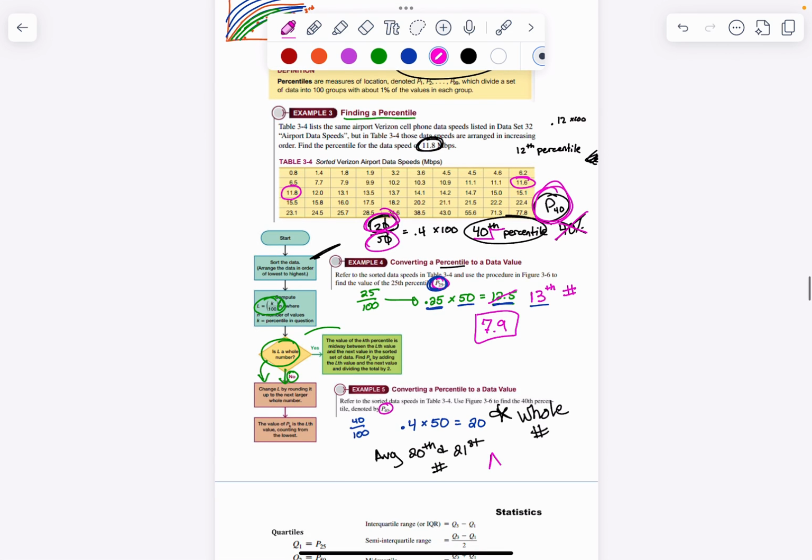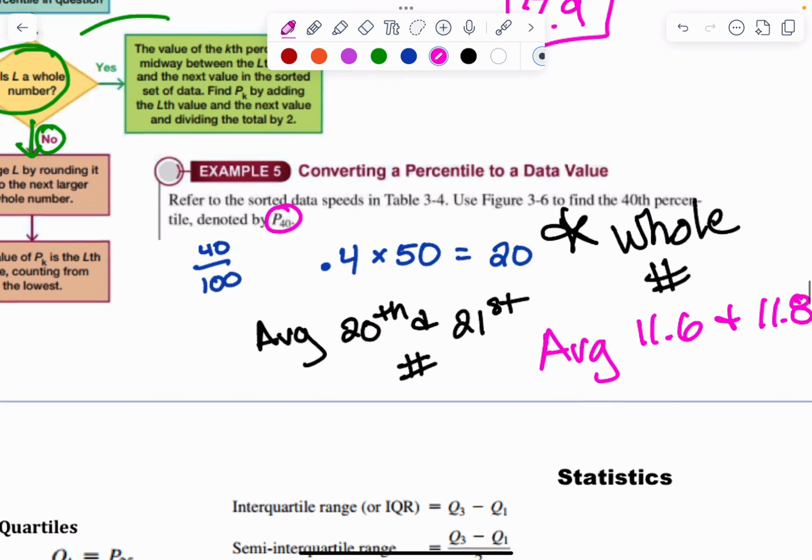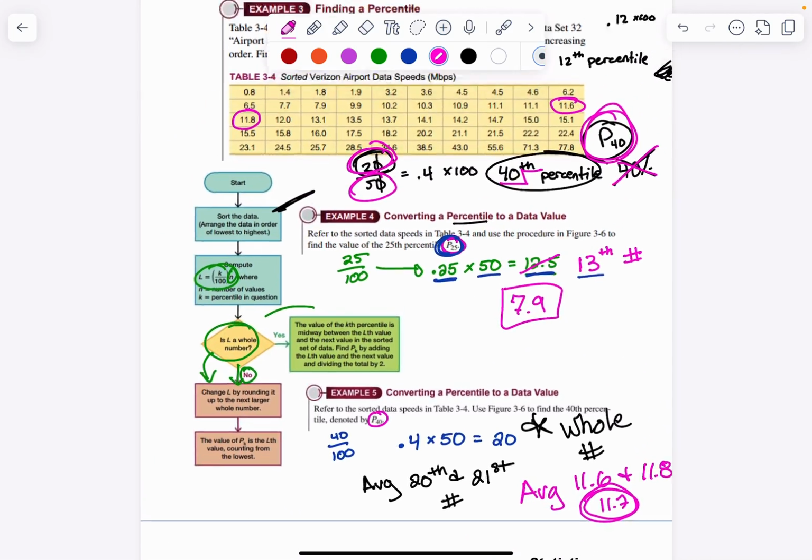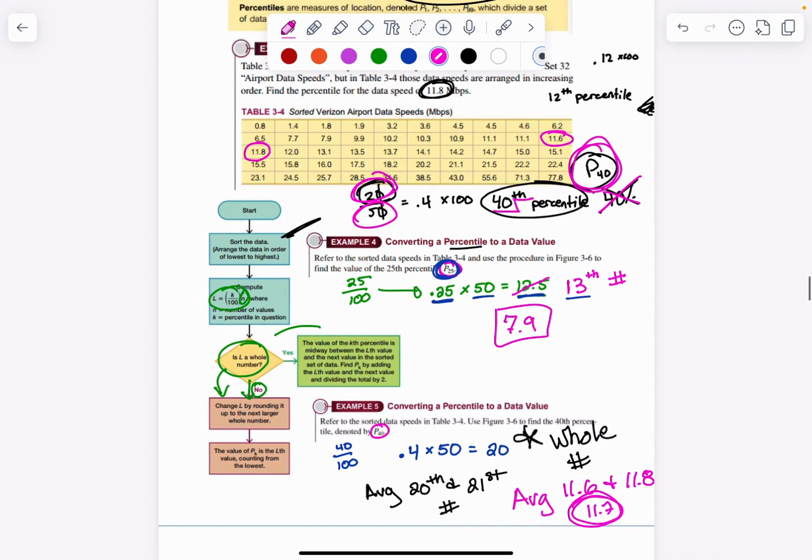So I'm going to average 11.6 and 11.8. If I add those together and divide by 2 or just find the middle of them, it would be 11.7. Now note that 11.7 is not even an actual data value in my set, but 11.7 would live here, and then how many people would be below 11.7? 20.